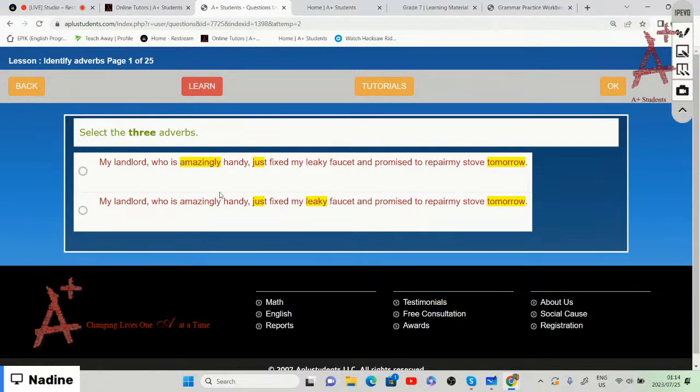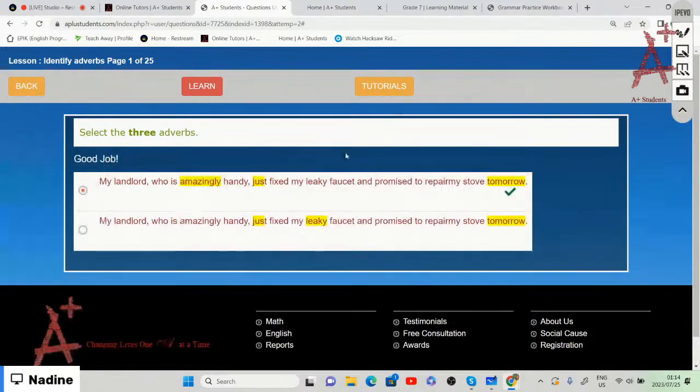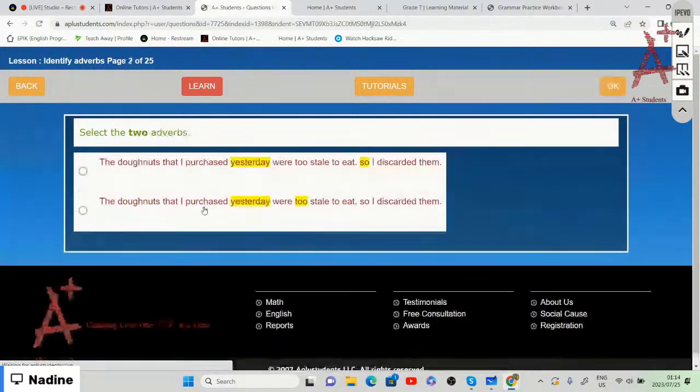And the second option is just, leaky, and tomorrow. So we need to choose the correct adverbs within the sentence. If we choose the first one, it is correct, because amazingly also tells us how.